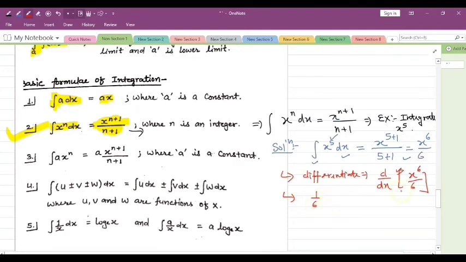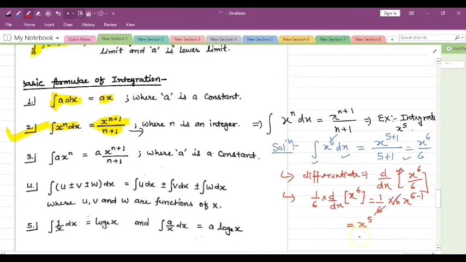A constant is always written before the function, and we need to differentiate only this part, and we can write it as 1 by 6 into 6 into x raised to the power 6 minus 1, because this is the formula for differentiation. This 6 and 6 will cancel out, and you will get your answer x raised to the power 5.